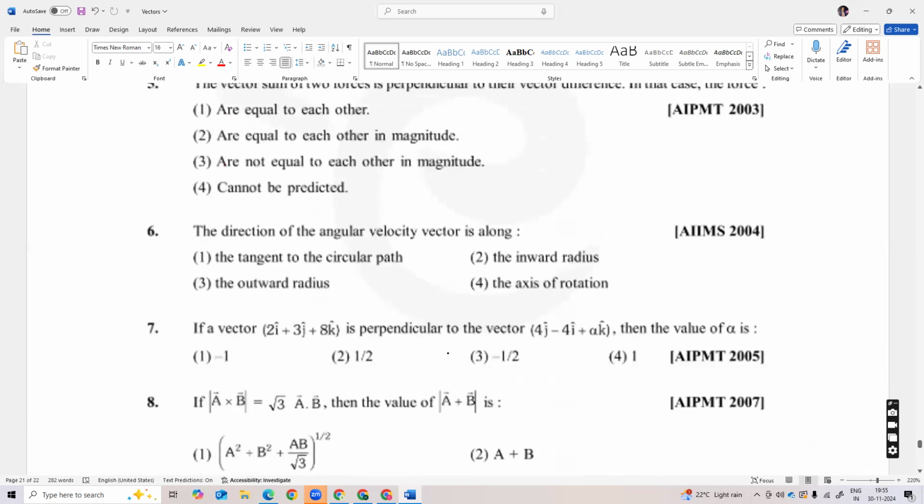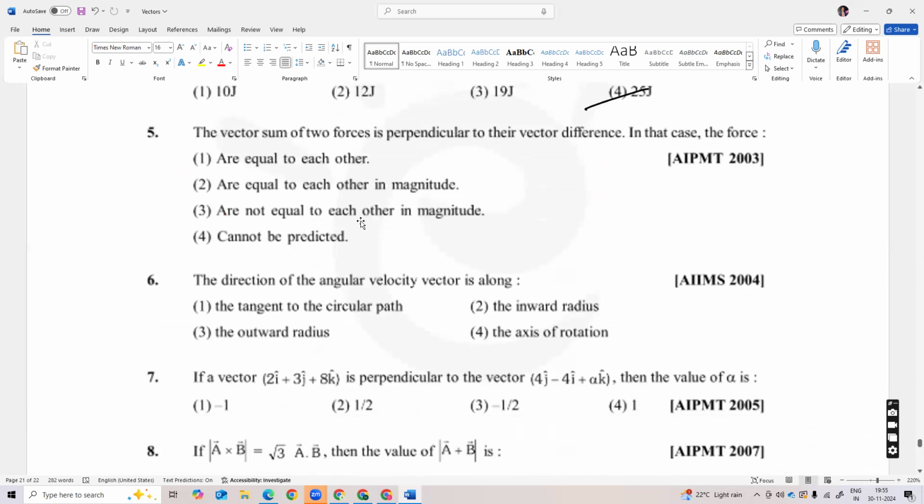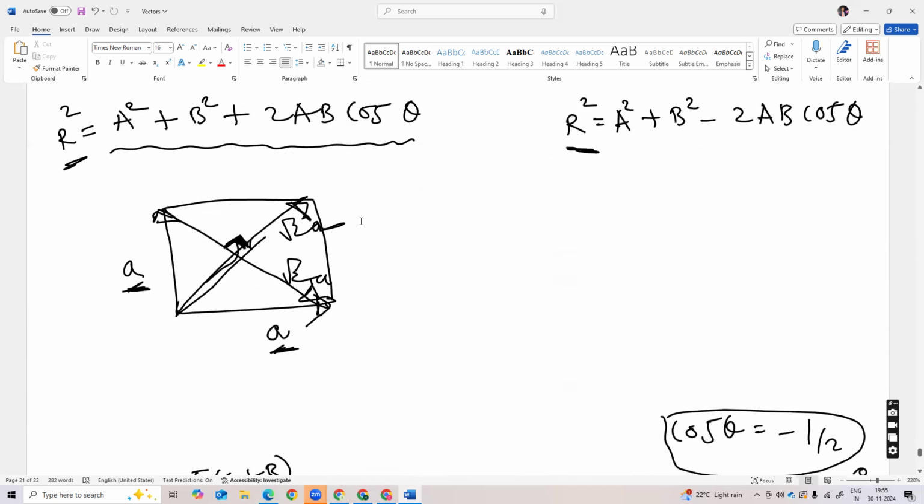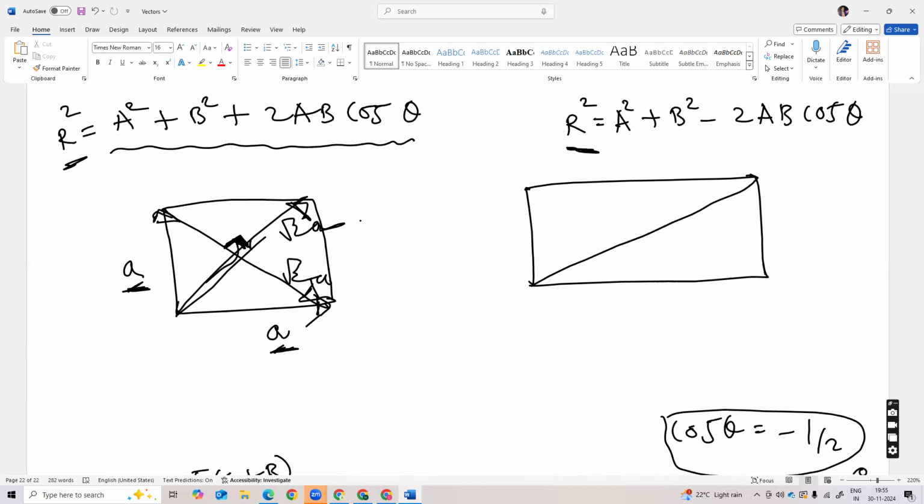Now consider the case of a rectangle. In the rectangle, when the forces are unequal, so let's say these vectors were unequal, then in this case their resultant and their difference are not equal.